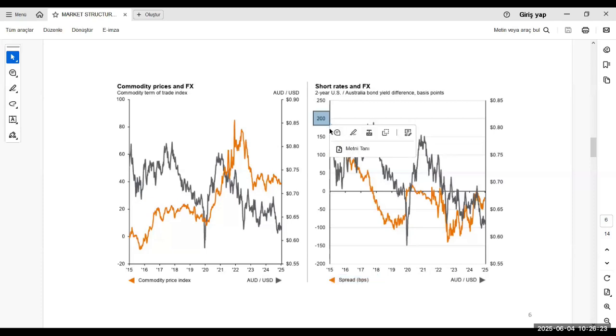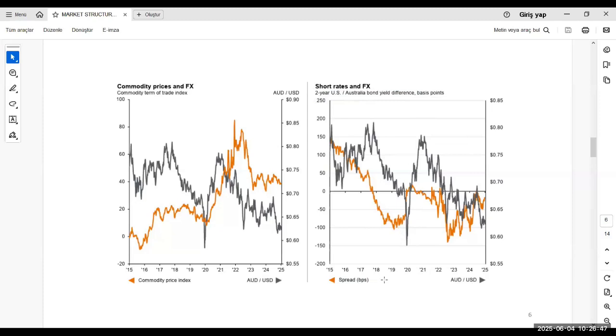Okay. And here, the 2-year treasury yield spread. This is the difference, the bond yield difference, and this is represented in basis points on the left-hand side. And on the right-hand side, again, we have the Australian dollar, United States dollar parity. So what can I say?